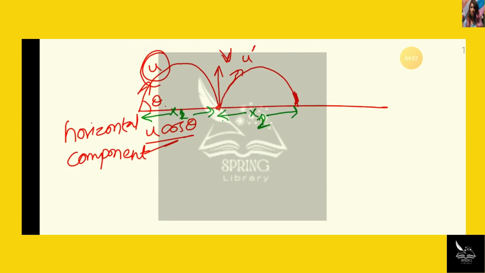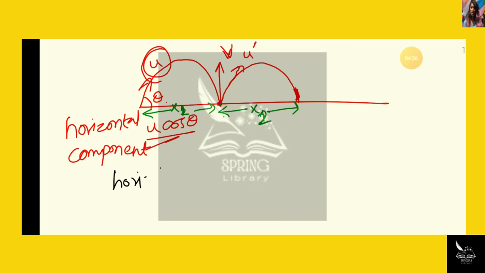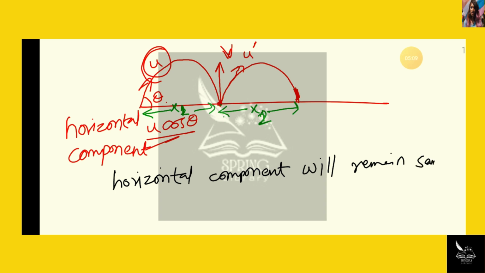The horizontal component remains the same in every collision, but the vertical component changes.